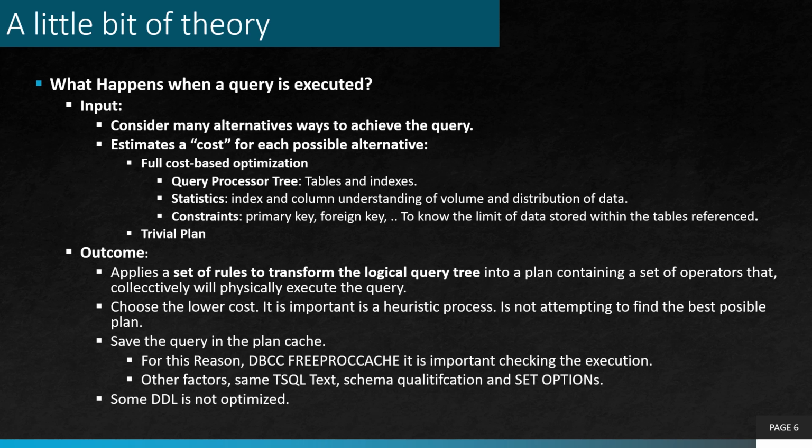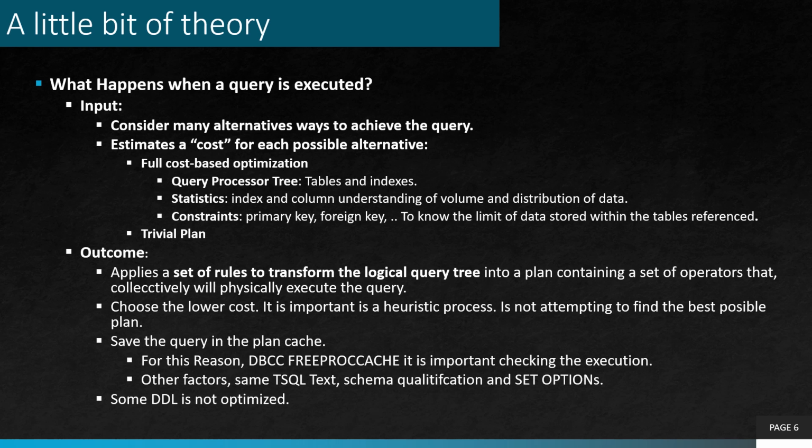SQL Server estimates one thing called cost for each possible alternative. As we mentioned, it's going to use statistics and constraints in order to create the processor tree to obtain the tables and the indexes, or it is going to use a trivial plan.